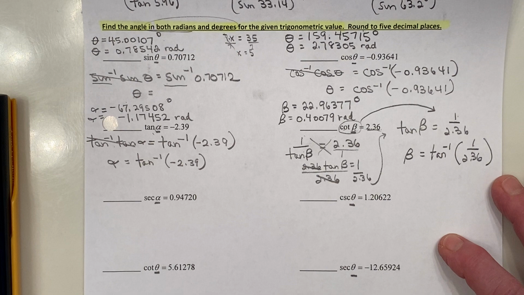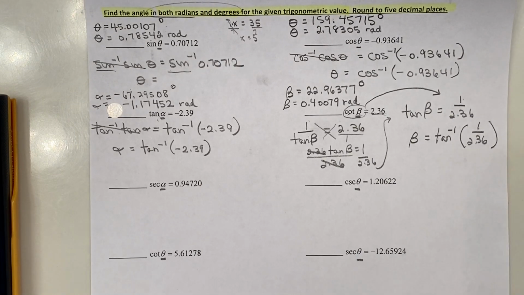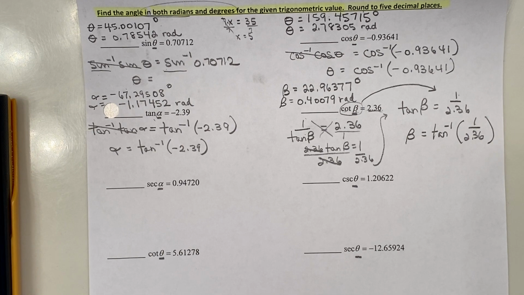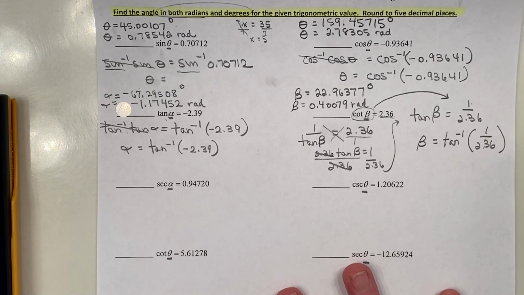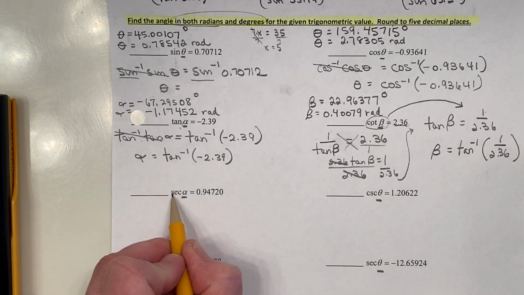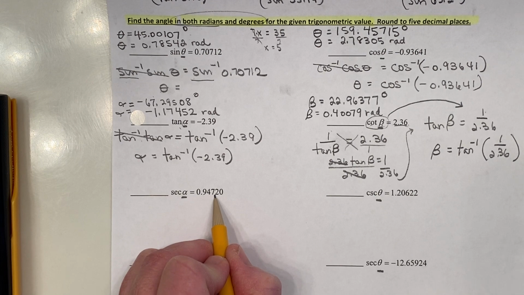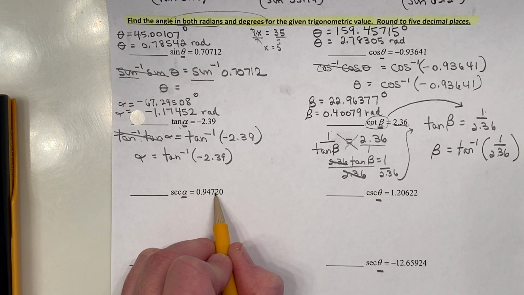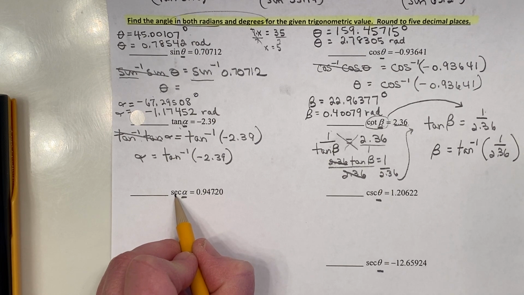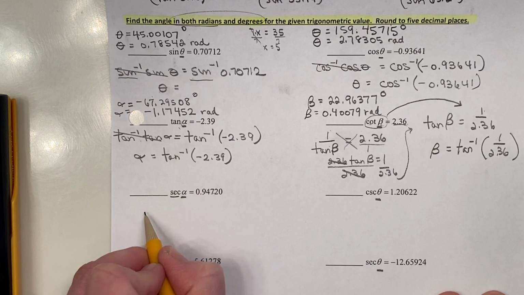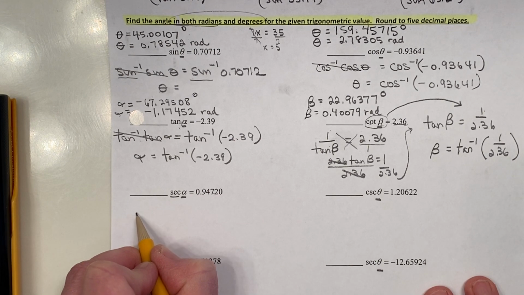Okay, let's set up one more. And then I want you to practice the rest on your own, and then I will display the key. We can set up a couple more, and then you can just go to the calculator and find the answers. What about secant of alpha equals this value? So what angle alpha has a secant ratio that gives us this? Well, secant is not on the calculator, nor is second secant. So I know secant's reciprocal is cosine.